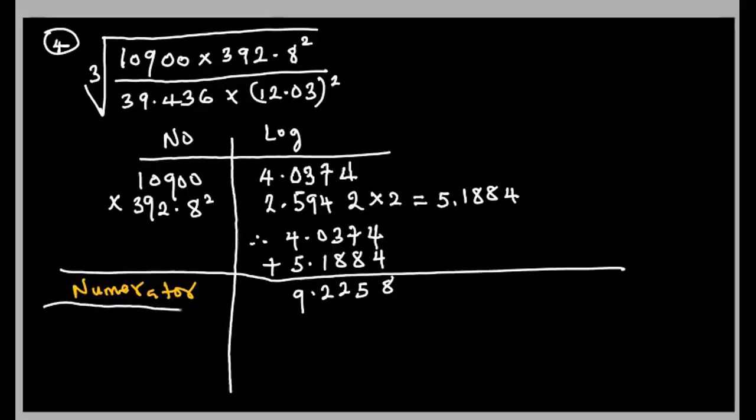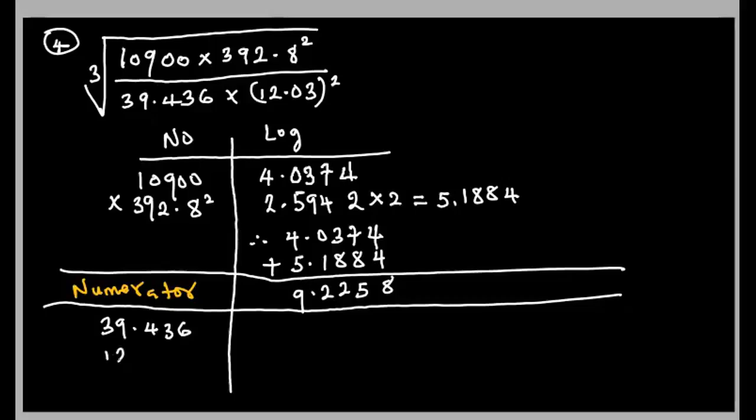So let's now go over to the denominator. Now, in the denominator, we have 39.436 and 12.03 all squared.